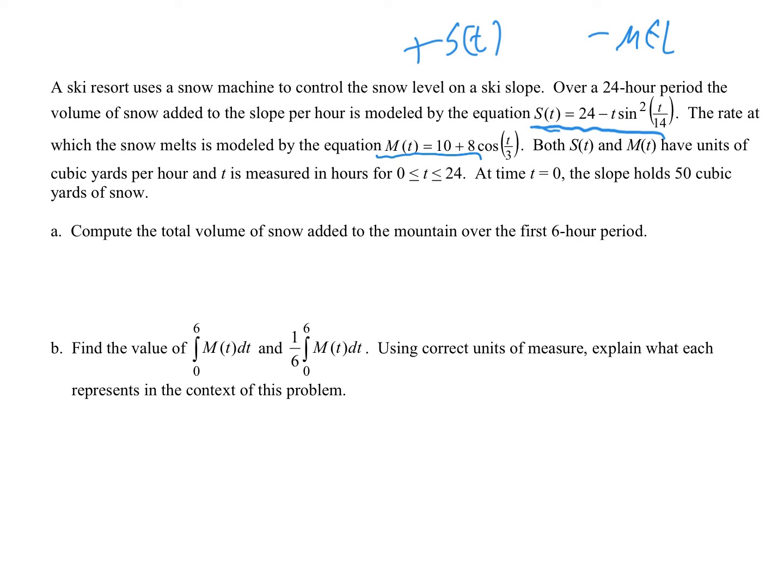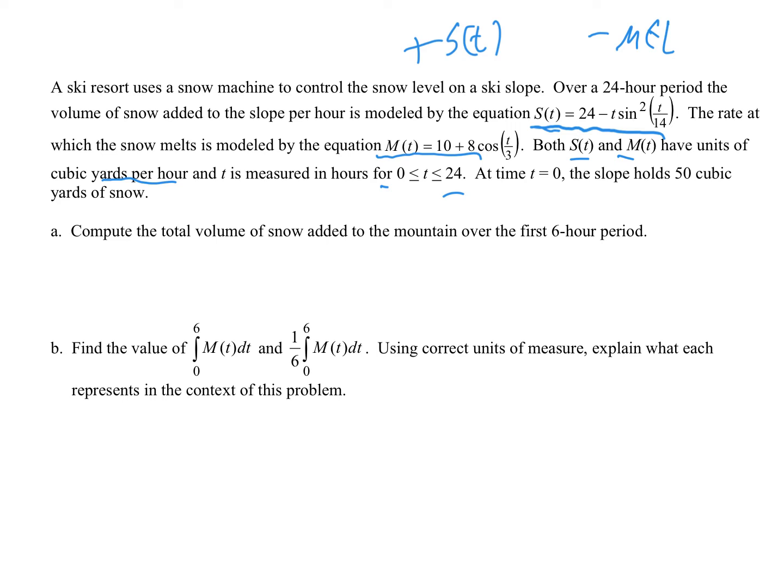But anyway, both S and M have units of yards per hour. So we have two rates competing with each other, and t is measured in hours for the interval from 0 to 24. So it's a whole day.